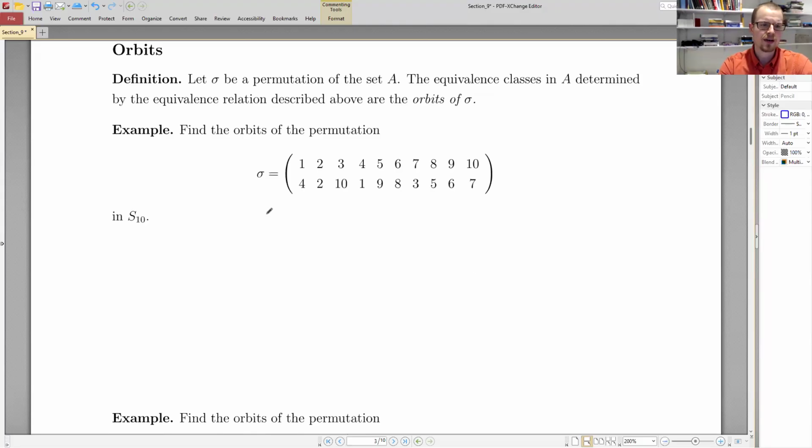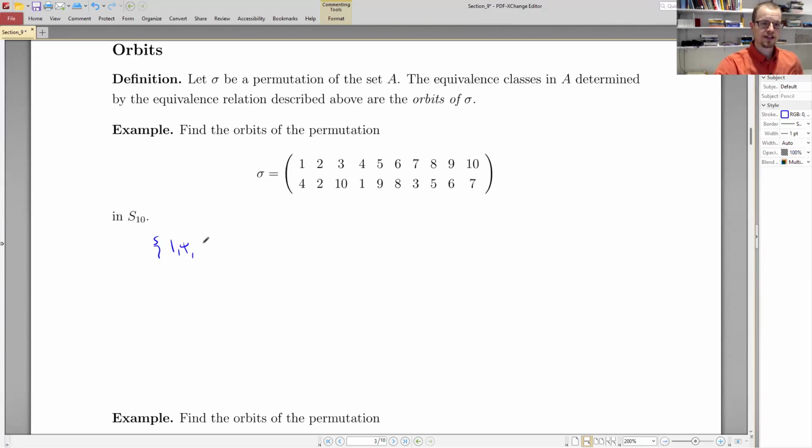So in the same fashion that we did in the last video, what we want to do is find these equivalence classes. Now, I'm not worried about the notation of an equivalence class because I'm giving them a new definition. I'm just considering the set of elements. So what things are related to 1? Well, 1 goes to 4, so 1 and 4 are related. 4 goes to 1, so that's it right there.